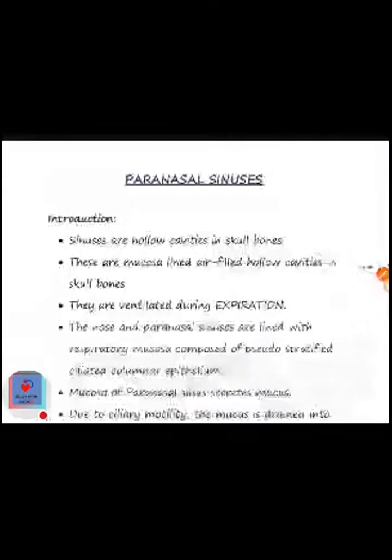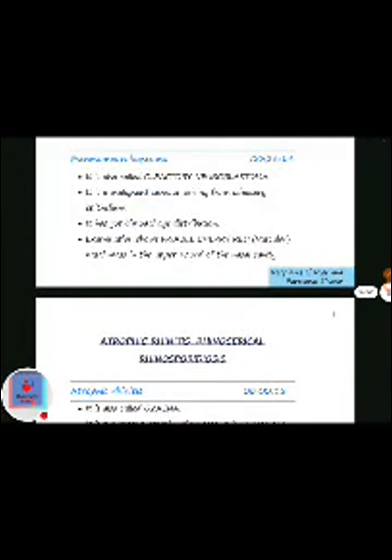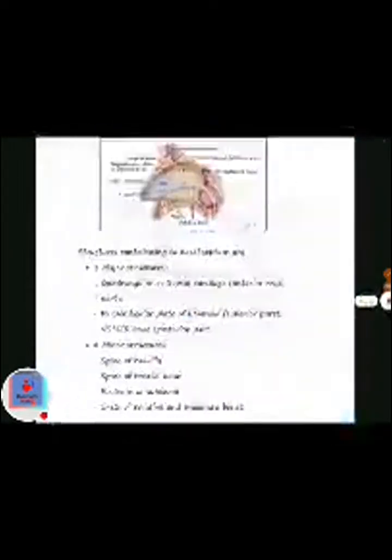Choanal atresia. Let's talk about nasal science. We are moving very fast, right? We have so much, but we are dealing only with the important aspects. We have to cover nasal polyps, allergy, all these things, neoplasms also. Facial trauma also we have to do.